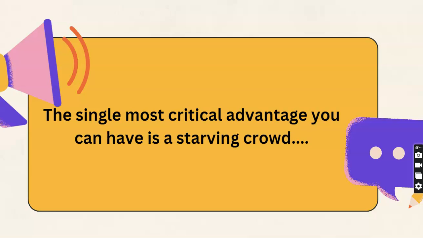What this means is if you can get a crowd that is so hungry that, for example, you open a burger shop and people have been watching a match for hours and they come out hungry, or maybe after a football match, people don't care whether the burger is delicious or not.